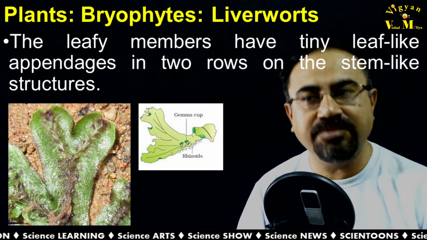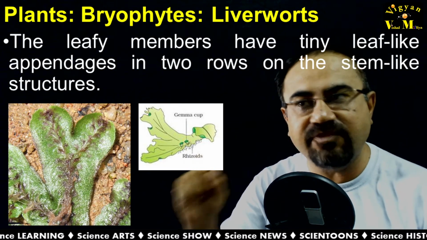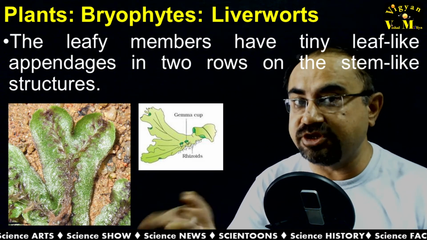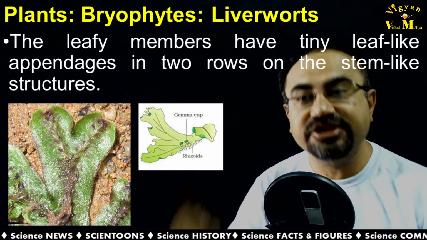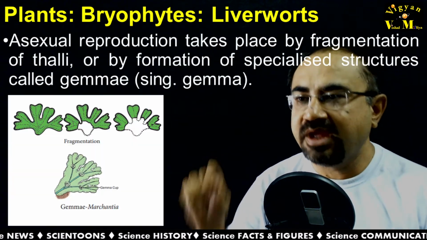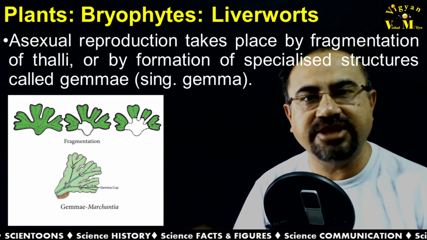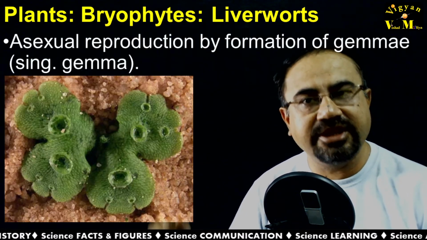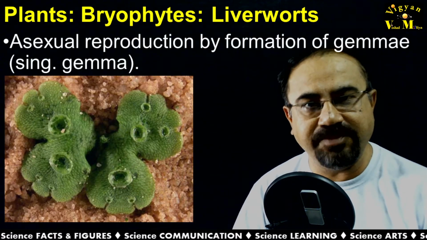The leafy member has tiny leaf like appendages in a row on the stem like structure. It is not a stem, but it is a stem like structure. Asexual reproduction takes place by fragmentation. One can see here how the fragmentation is going on, or it can be with the help of gemmae.